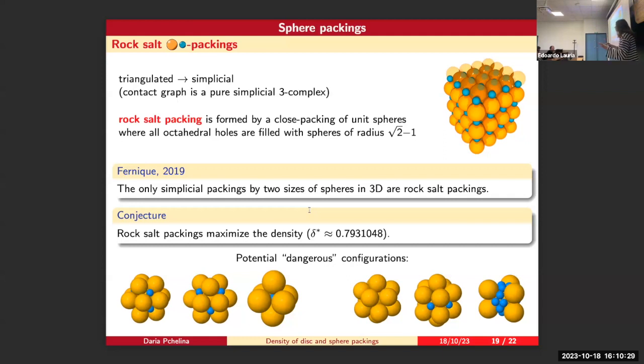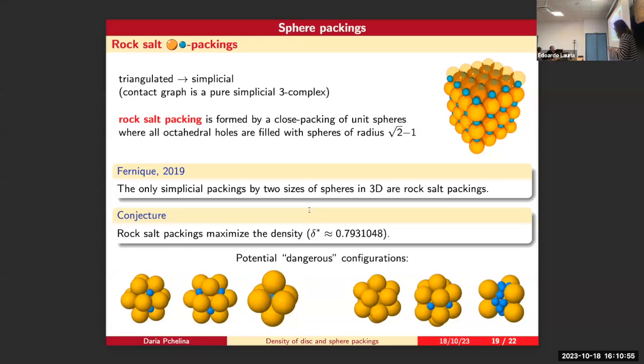It's only in 2 or 3 dimensions, not in higher dimensions, where you can do things differently. Here we want to localize everything, so we prove things on local configurations. Basically, we take any packing and say that any possible local configuration of any possible packing will never be denser than my perfect configuration.